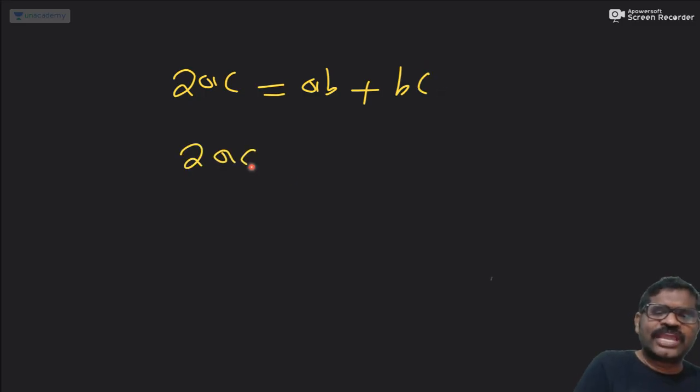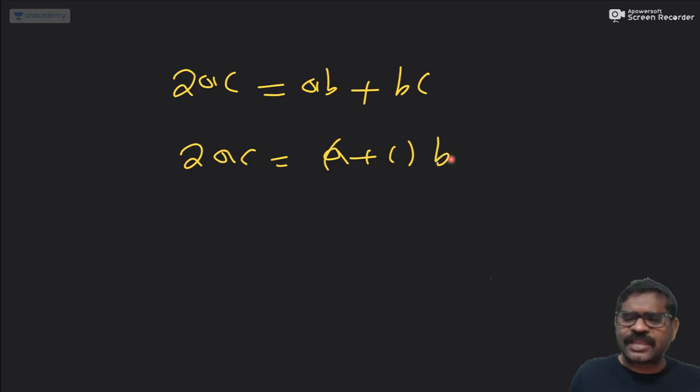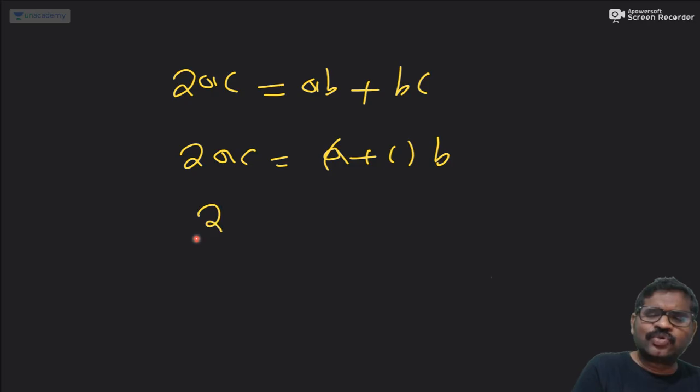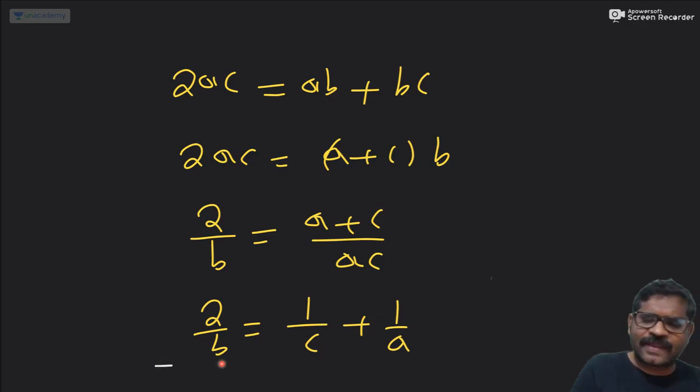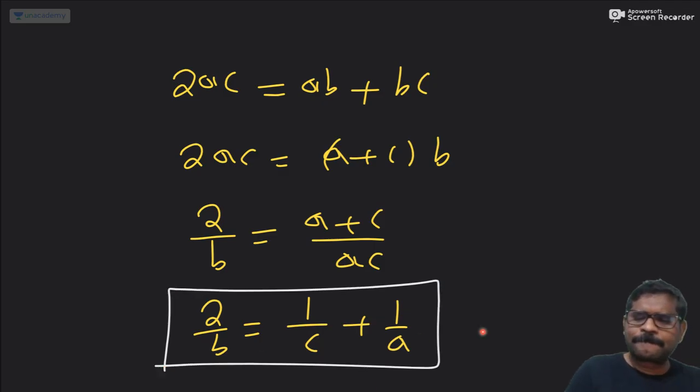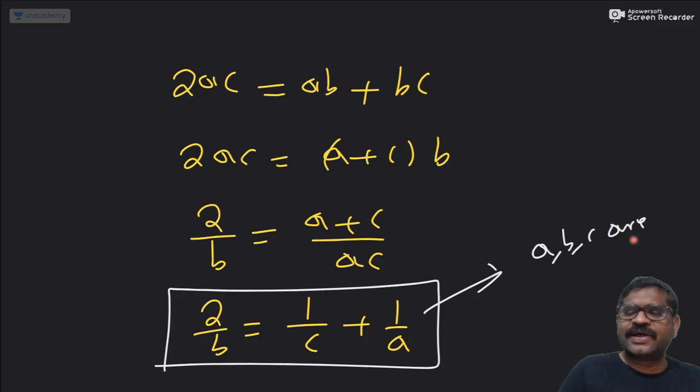So 2ac equal to (a plus c) into b. Now 2 by b equal to (a plus c) by ac, so 2 by b equal to 1 by c plus 1 by a. a, b, c are in harmonic progression.